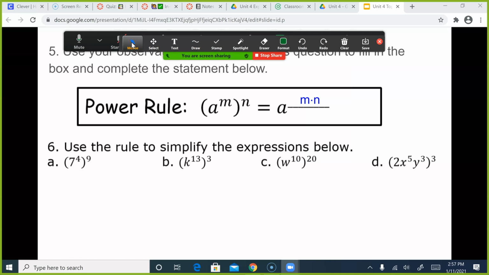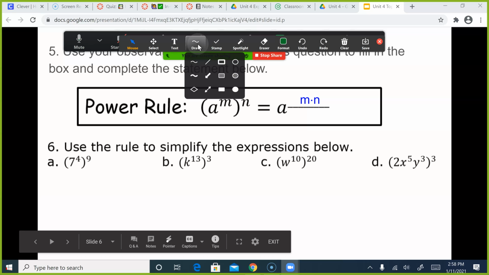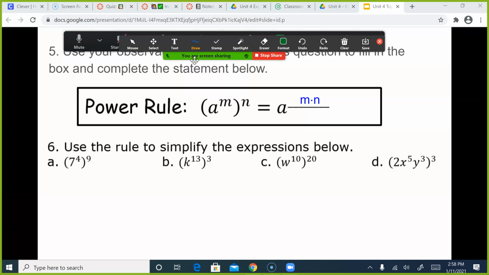Okay, so for the first ones, we have 7 to the 4th to the 9th. Again, this is one you're definitely not going to want to write out. So the base stays 7, and we multiply these exponents together. So 4 times 9 is 36.